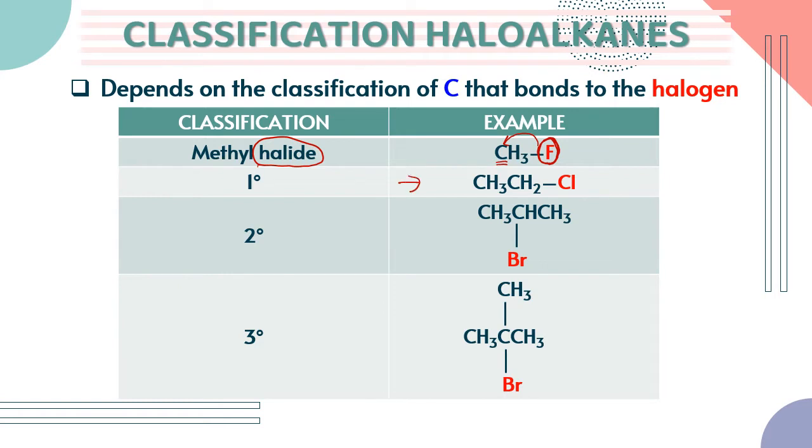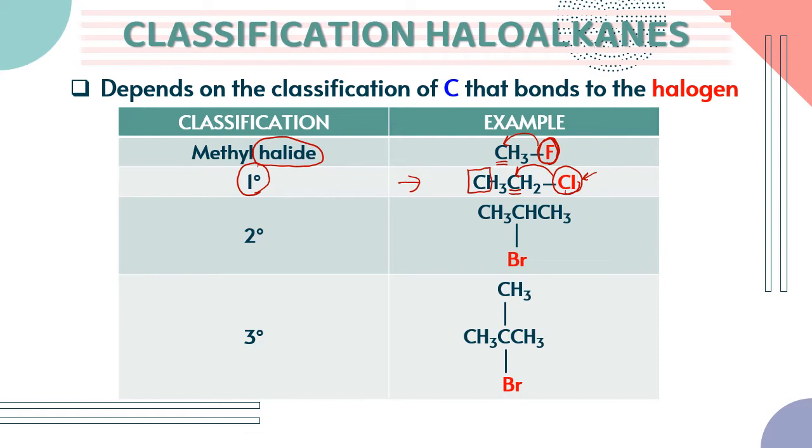Okay, let's look at the next one. This is our halogen, bonded to this carbon. If you look at this carbon, it is bonded to one carbon, one methyl group CH3 over there. So this particular carbon which is bonded to Cl is a primary carbon. That's why we class it as a primary haloalkane.